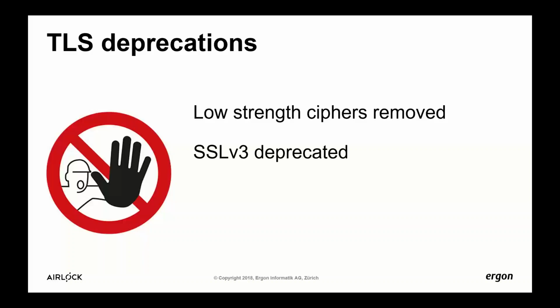So go through the logs. If you see SSL version 3 isn't used anymore, remove it. So when we remove it from the Airlock gateway, you won't have any surprises. And of course, the low strength ciphers, which were possible to set up for some connections, were removed completely.